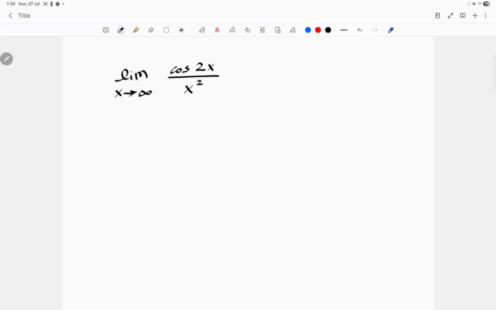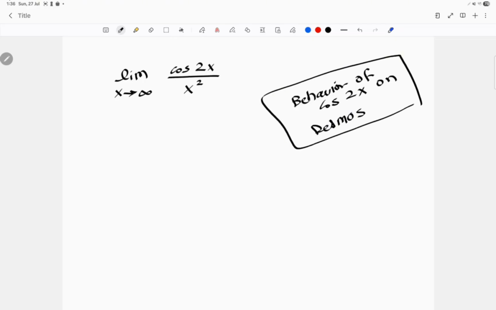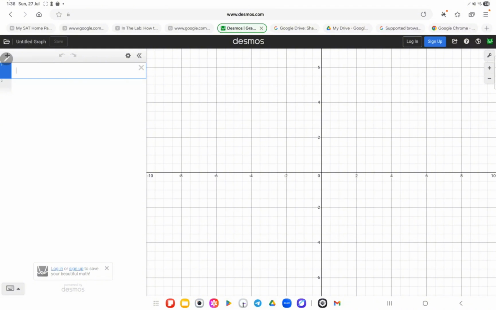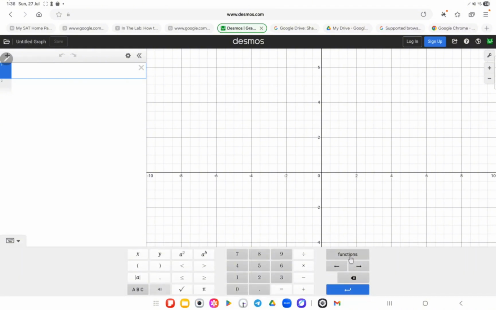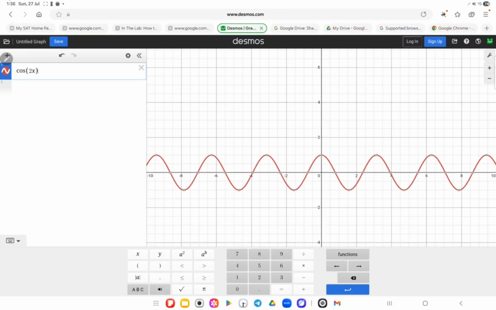Now, let's look at the behavior of cosine 2x on Desmos. Go to functions, cosine 2x. What do you guys see? We see oscillation from what value to what value? From -1 all the way to +1.